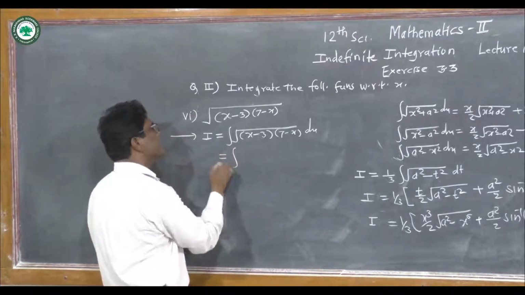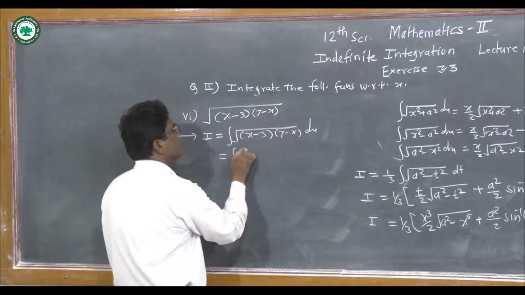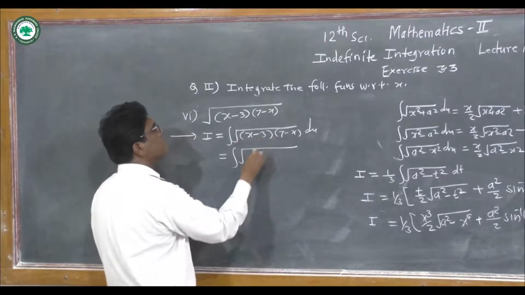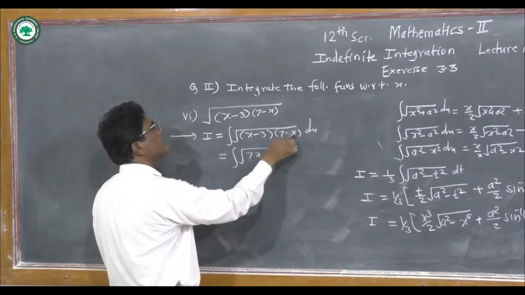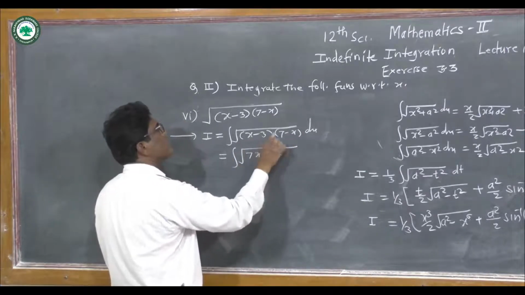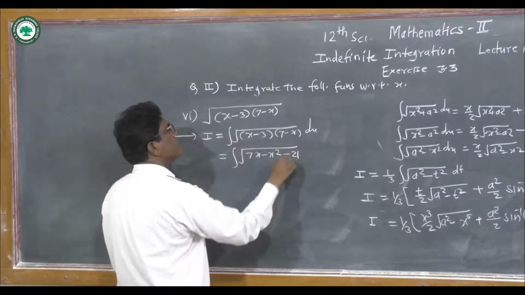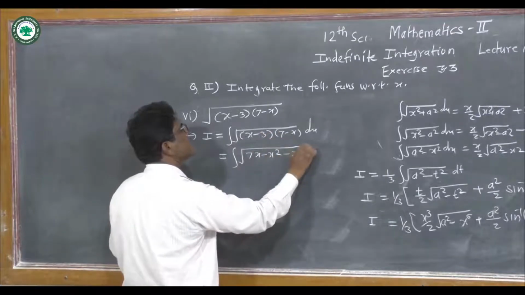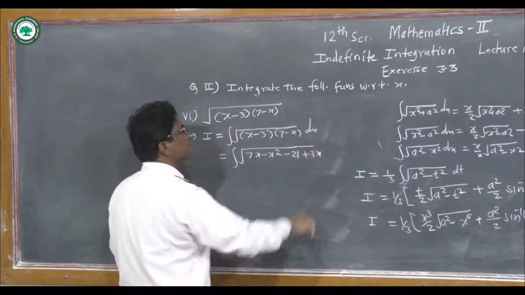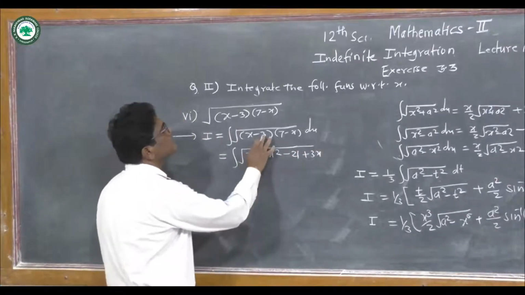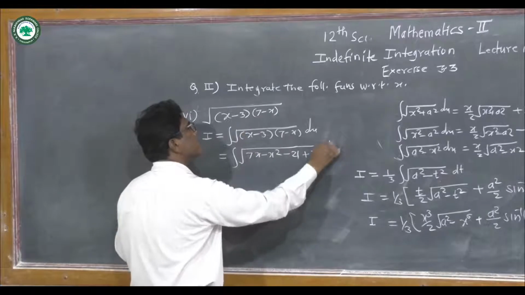So it is equal to integration of under root of x into 7, 7x, x into minus x, minus x square, minus 3 into 7, minus 21, minus 3 into minus x, plus 3x, and this dx as it is.